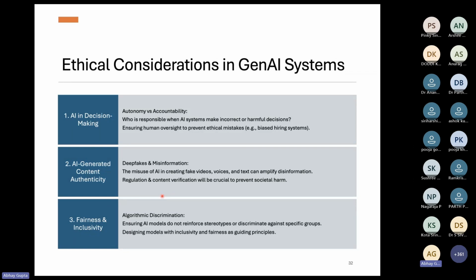Then fairness and inclusivity. As I mentioned, you can blame it on past data, but of course algorithms are the ones that are determining what is being suggested. So you can have this built-in algorithmic discrimination. You have to make sure that models do not reinforce stereotypes or discriminate against specific groups.